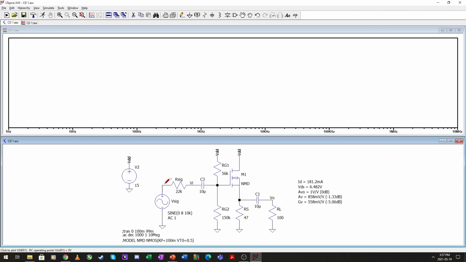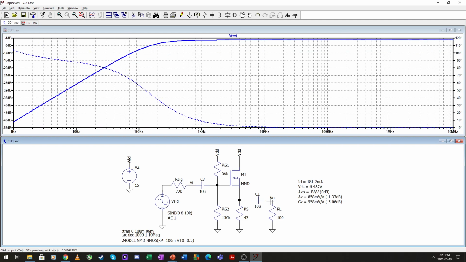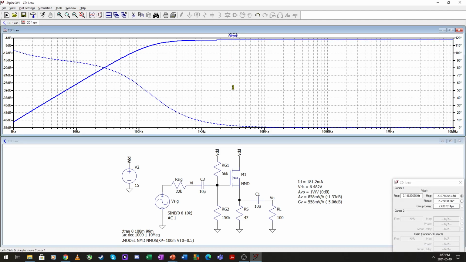So first up, we have our AC analysis right here. So this is with all loading effects, minus 5.06 decibels.